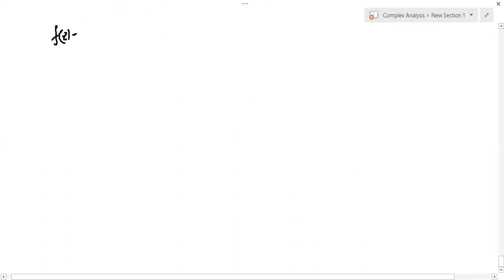Just look at that question. When we did this for differentiability, we wanted to know whether f(z) equal to z bar is differentiable at z equal to 0, and I proved that this is not differentiable at z equal to 0.